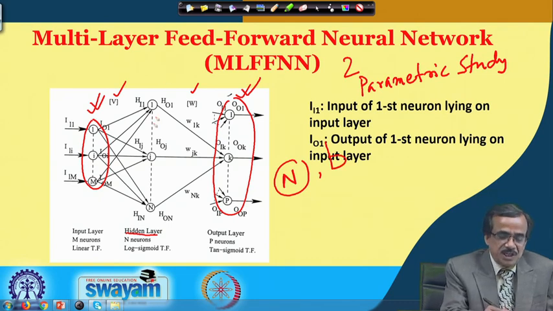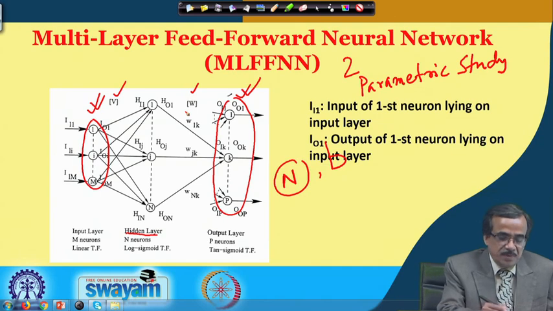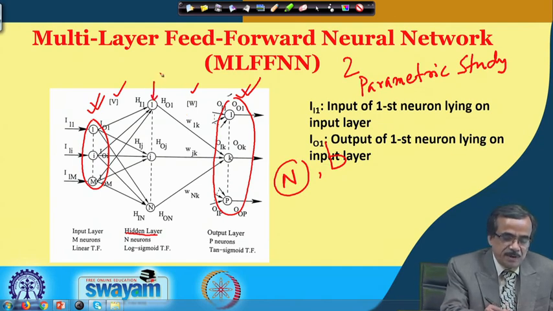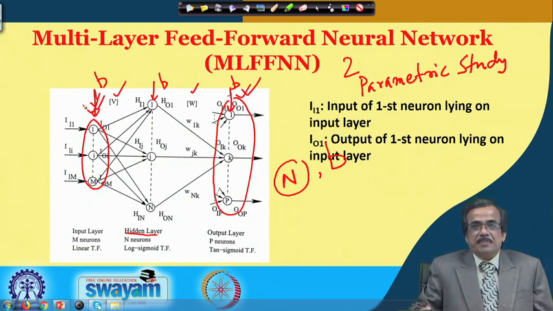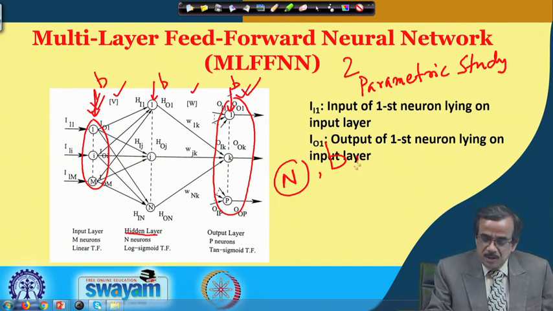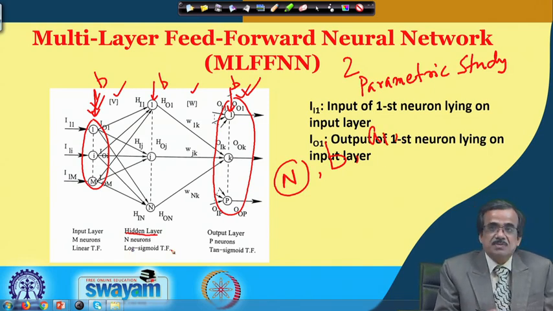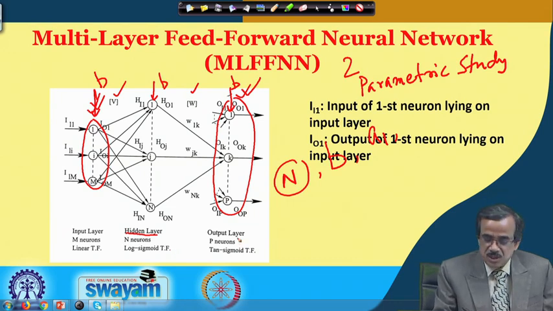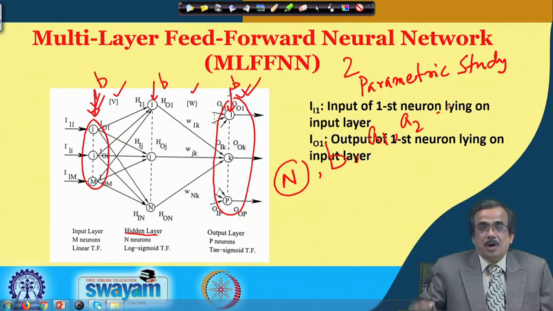For simplicity we have not shown the bias value, but it depends on it. If you want to put the bias value, I can put it here. It depends on the coefficient of the transfer function, that is A1, that means this log sigmoid transfer function. It also depends on the coefficient of the transfer function of the output layer, that is A2, and so on.